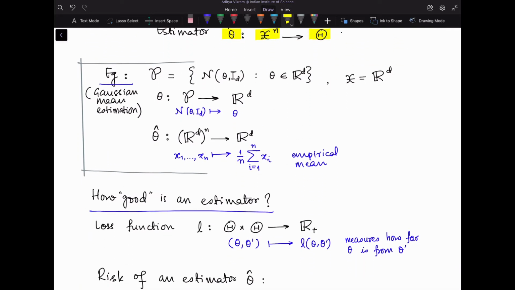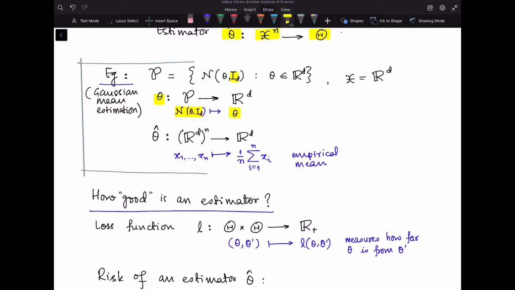So for instance, consider the Gaussian mean estimation problem. Here calligraphic P are all the d-dimensional Gaussian distributions with identity covariance matrix. So theta is the function that maps a Gaussian distribution to its mean.